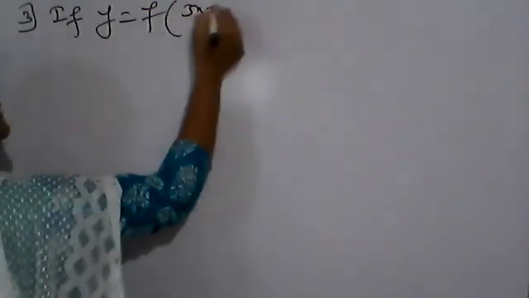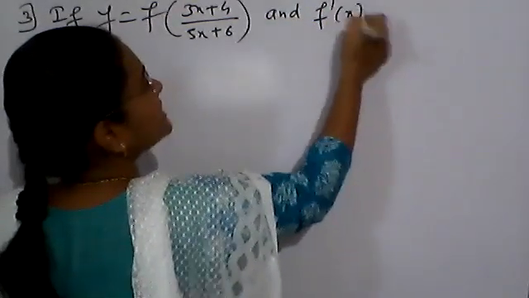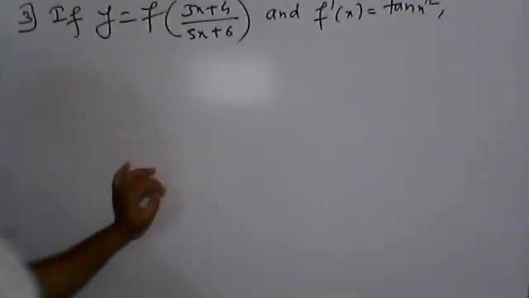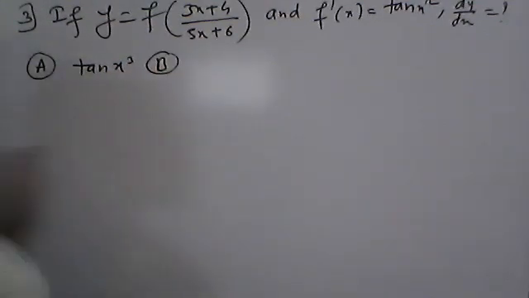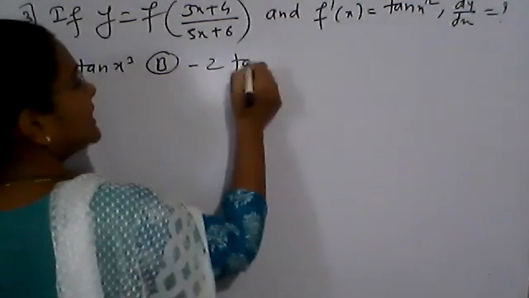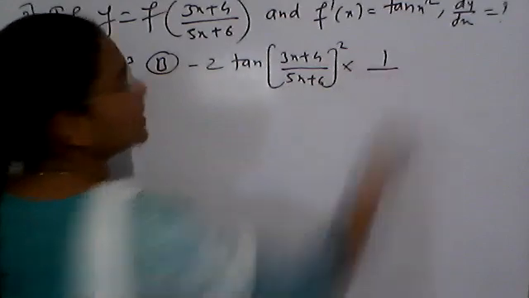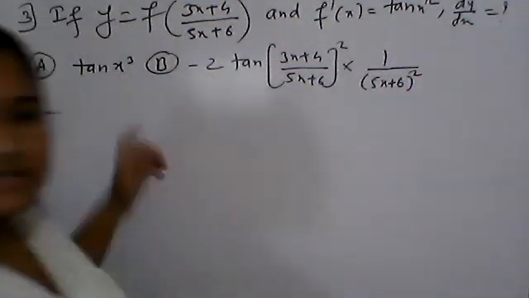If y equals f of (3x plus 4) upon (5x plus 6), and f dash of x equals tan of x square, then we have to find dy by dx. Options were: first, tan of x cube. Second option was minus 2 tan of ((3x plus 4) upon (5x plus 6)) whole square into 1 upon (5x plus 6) square.